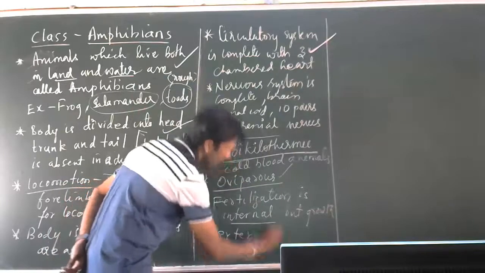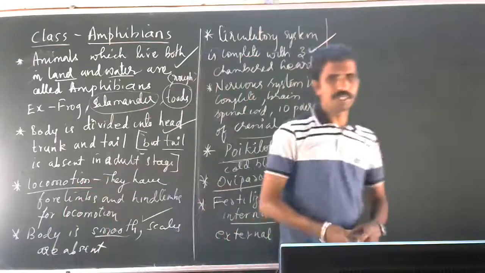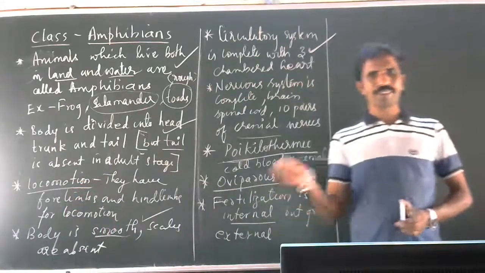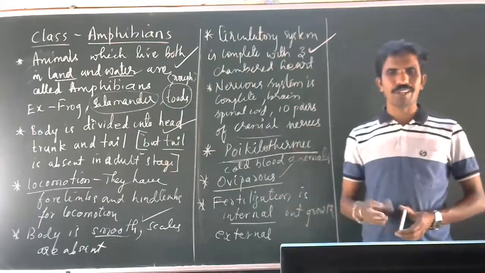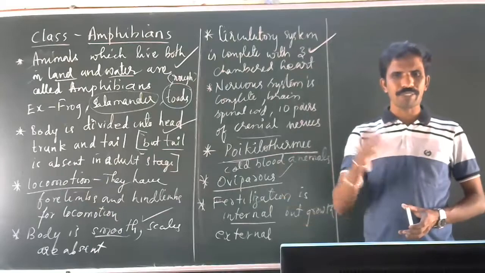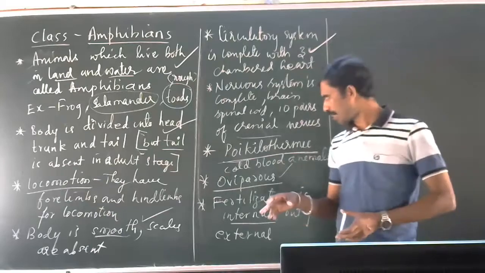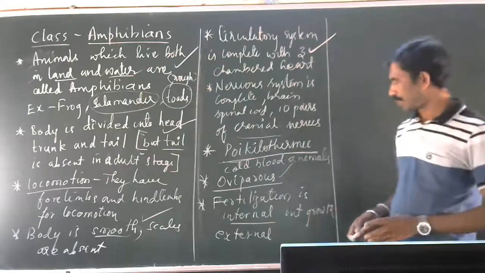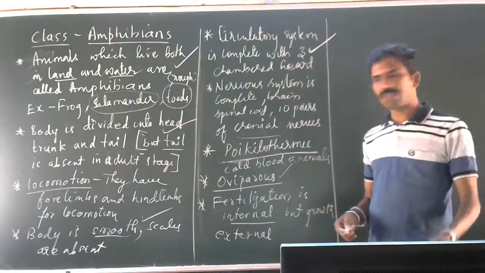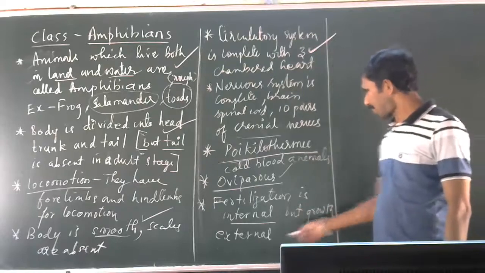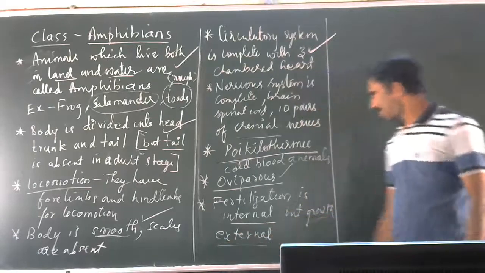Internal fertilization means that if the fertilization happens in the female body, then it is called internal fertilization. It means fusion of the male gamete with the female gamete inside the body of the female. And growth is external. Understood?